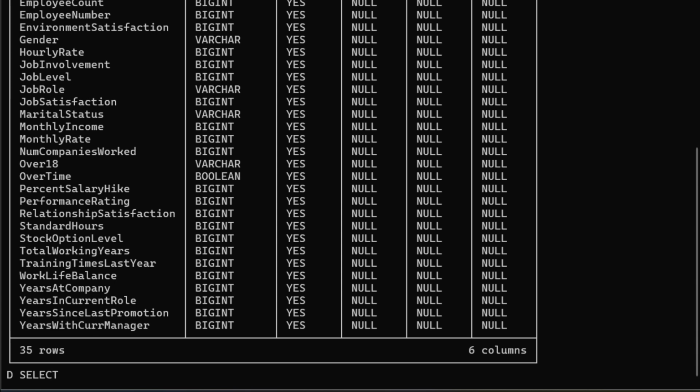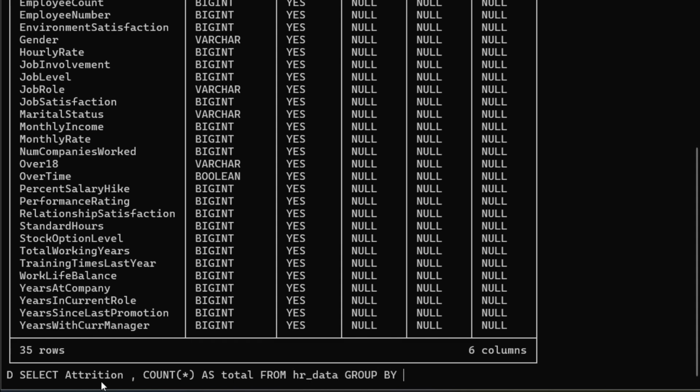For that, we select the column name, attrition here, and then we count how many of them left the company or not, and let's call it total, from HR data.